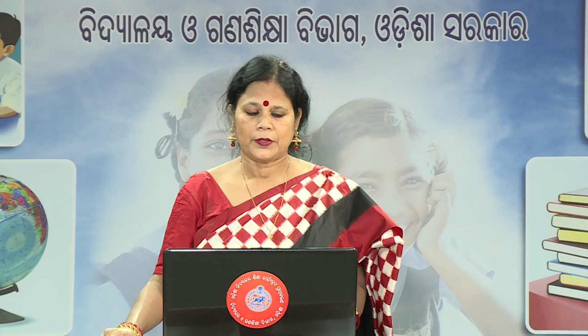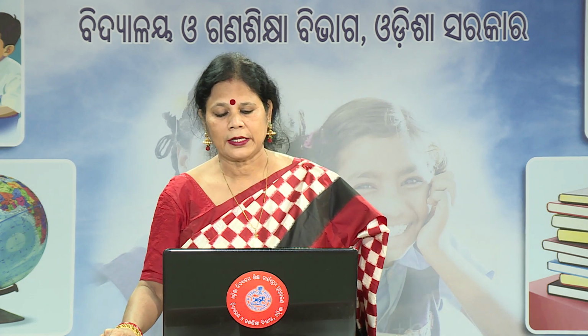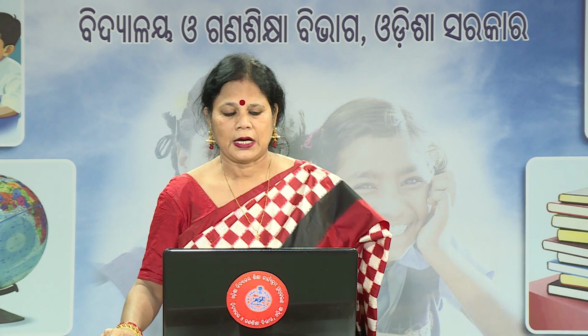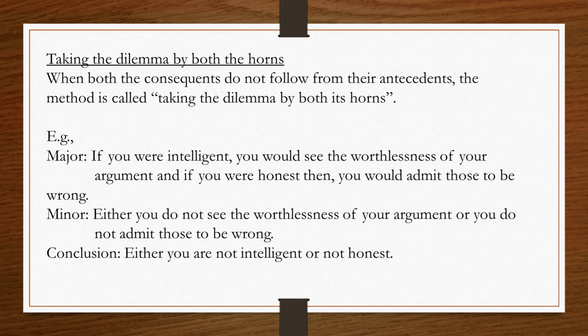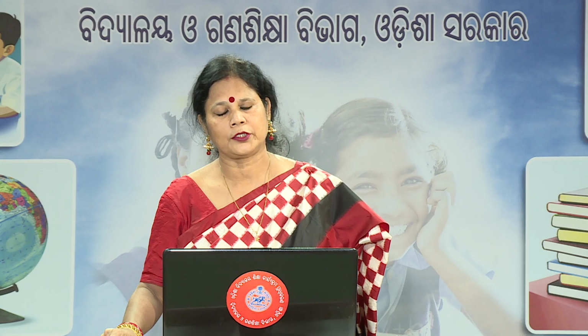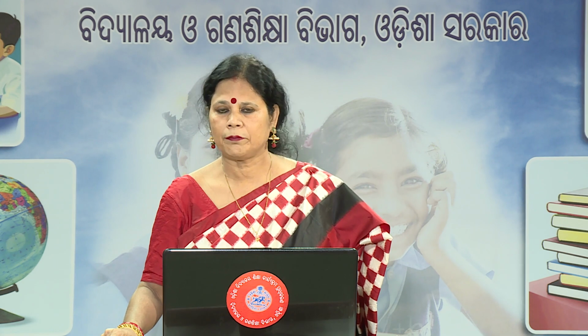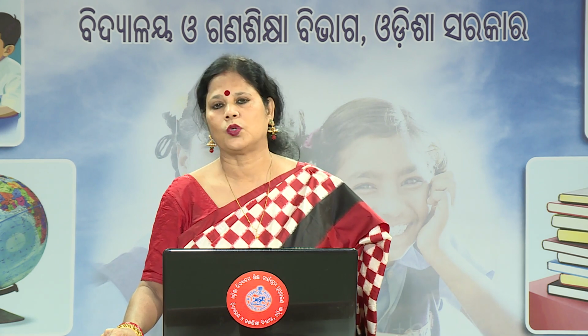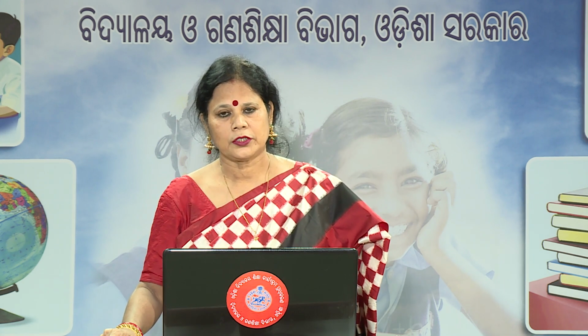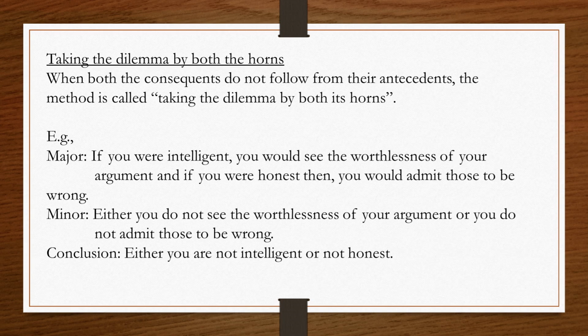Then the minor premise. In the minor premise, we deny both the consequents. Either you do not see the worthlessness of your argument or you do not admit those to be wrong. Either you cannot see your argument as worthless, or you do not call it wrong. Then the conclusion. Here we deny the antecedent. Either you are not intelligent or you are not honest.